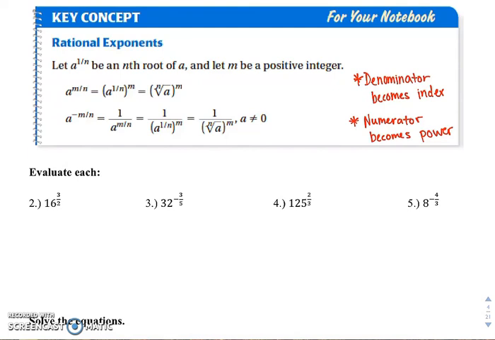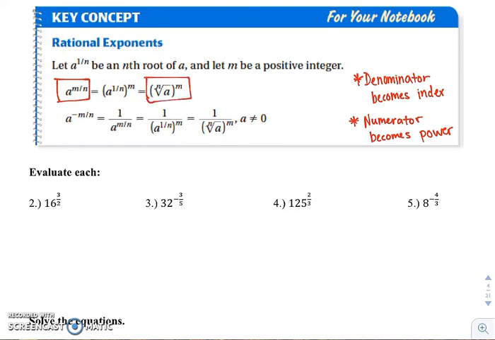So if we're going to let a to the 1/nth power be an nth root of a, and m is some positive integer, we have these properties below here. So if we're trying to rewrite something either from exponential to radical form or radical form to exponential, we can rewrite them in these following ways.